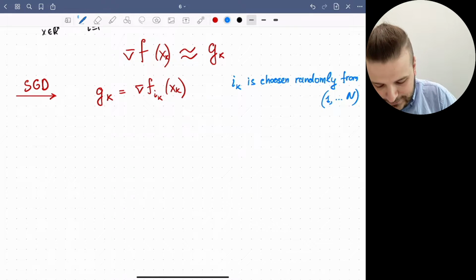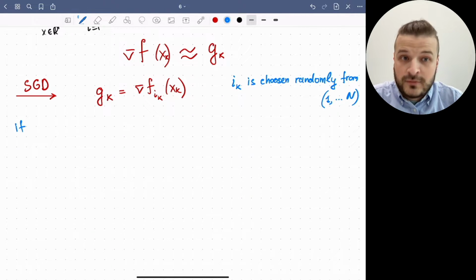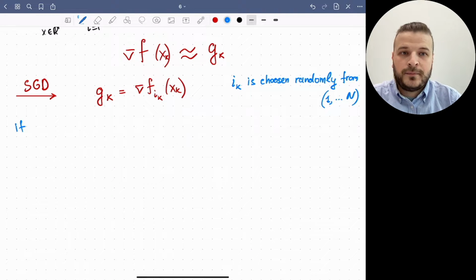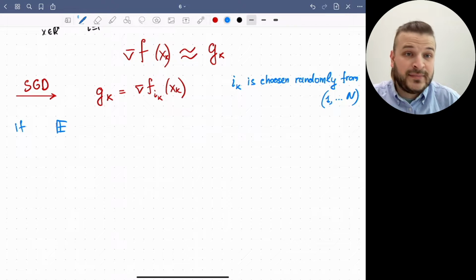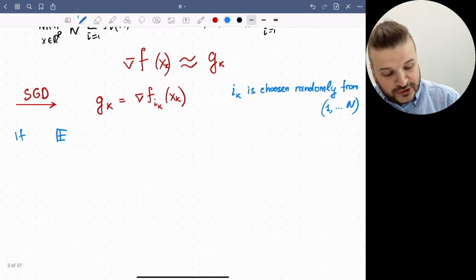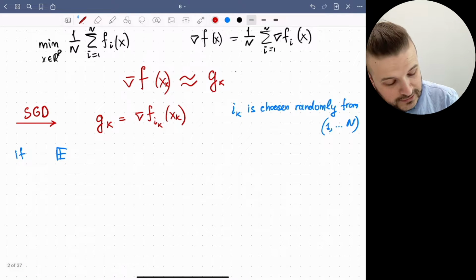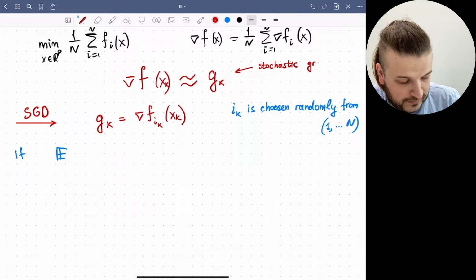For example, if I select this index ik uniformly, it means that I can just calculate the mathematical expectation of such a stochastic gradient, and this will actually be called the stochastic gradient.